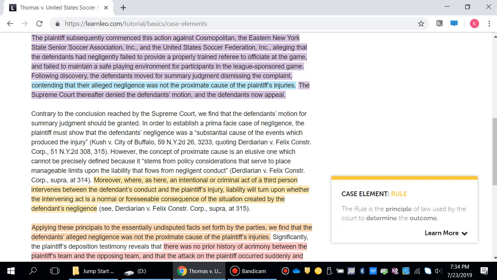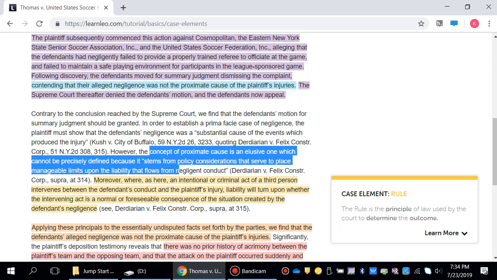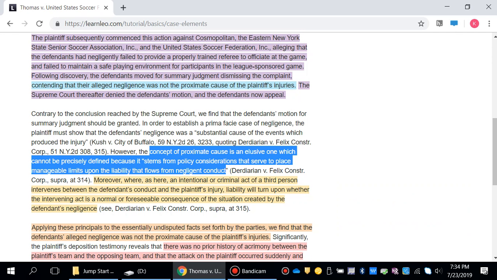So here, the student found, moreover, whereas here, an intentional or criminal act of a third person intervenes between the defendant's conduct and the plaintiff's injury, liability will turn upon whether this intervening act is a normal or foreseeable consequence of the situation created by the defendant's negligence. So that's a lot of words, but you're noting here, okay, this is the principle of law, and up here, I like this because it talks about the general concept, proximate cause, that we're studying.